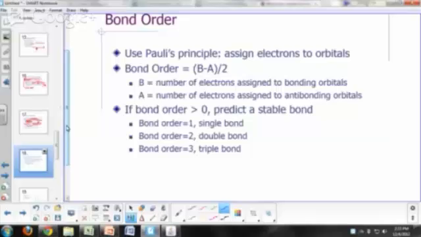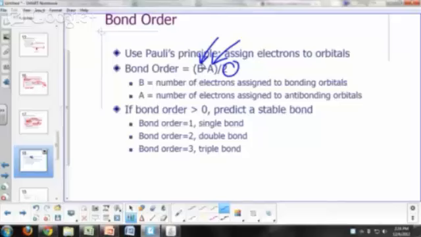If you have a positive bond order, you expect a stable bond between the two nuclei. Bond order is the number of electrons in bonding orbitals minus the number of electrons in anti-bonding orbitals, divided by 2. If there are more electrons in the bonding orbitals, you expect the two atoms to form a bond.